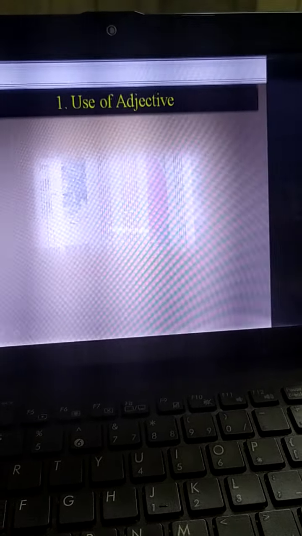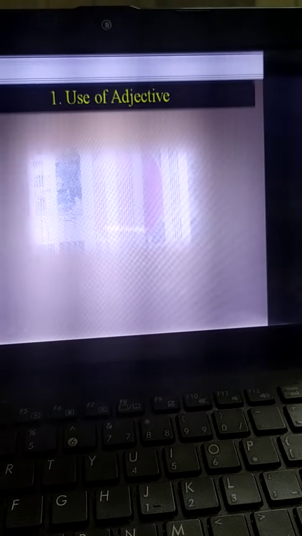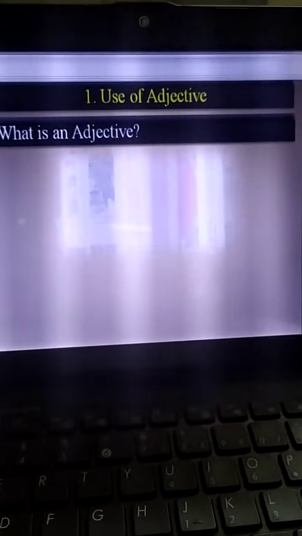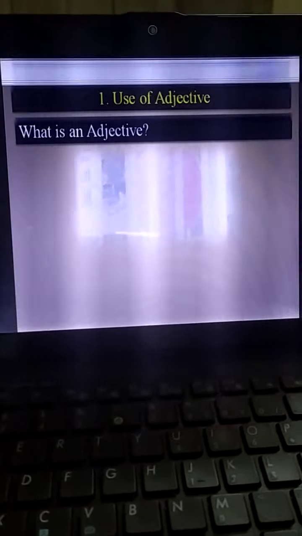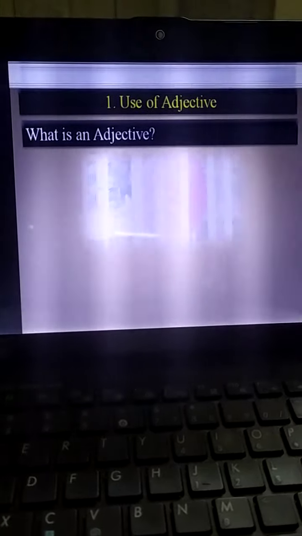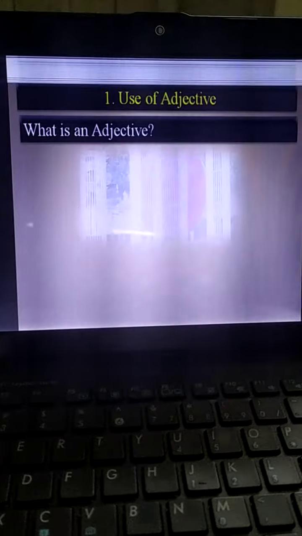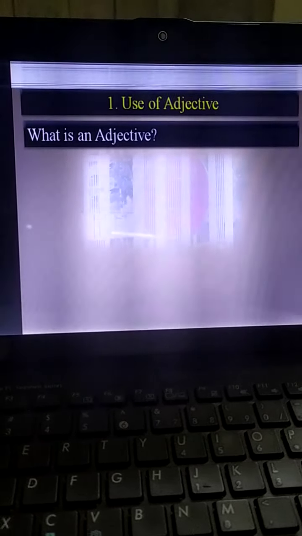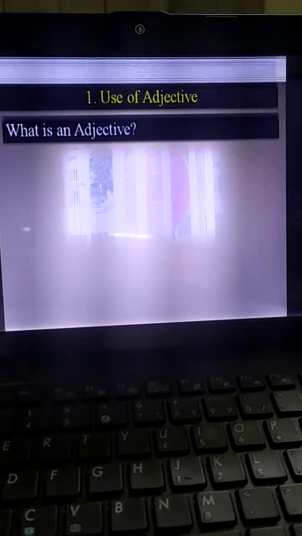Now you have to look into the matter. First question: what is an adjective? I think you can answer the question very easily. An adjective is a word that can modify a noun or pronoun.